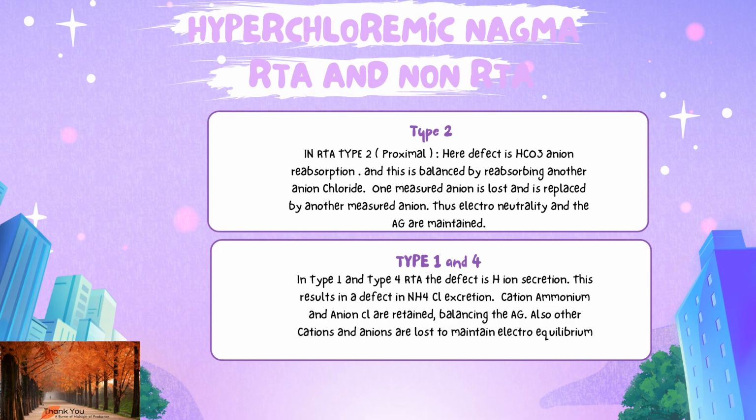A defect in ammonium chloride excretion would accumulate acid waste products in the body, thereby causing acidosis. Chloride is retained, and to compensate, another measured anion, bicarbonate, is lost, thereby also contributing to the acidosis and the ion equilibrium as well. I do plan to discuss renal tubular acidosis in detail in another session.